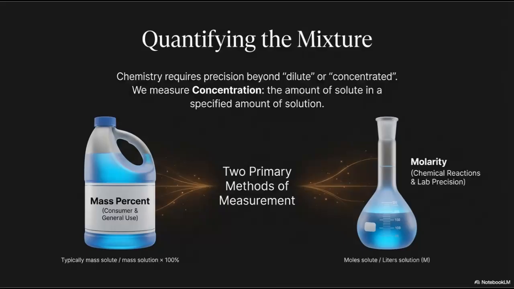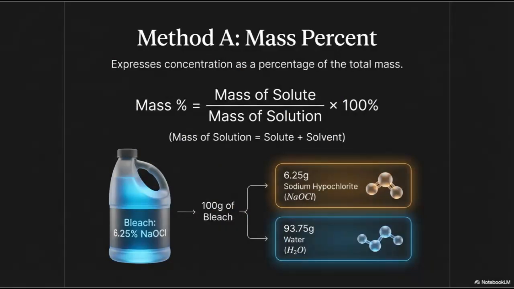Mass percent is done the same way we've done already in class, which is the mass of the solute divided by the mass of the solution times 100. Just remember that mass of solution in here, because it's a whole, is the mass of the solute plus the mass of the solvent. And if I calculated a mass percent of solute, I can calculate a mass percent of the solvent, which is the difference from 100 from the mass percent of the solute.